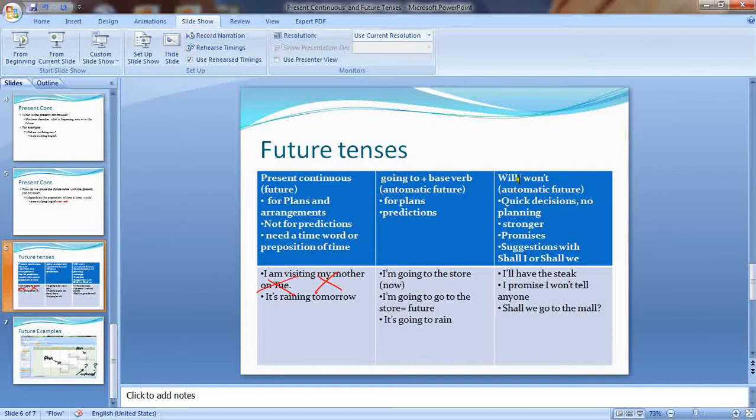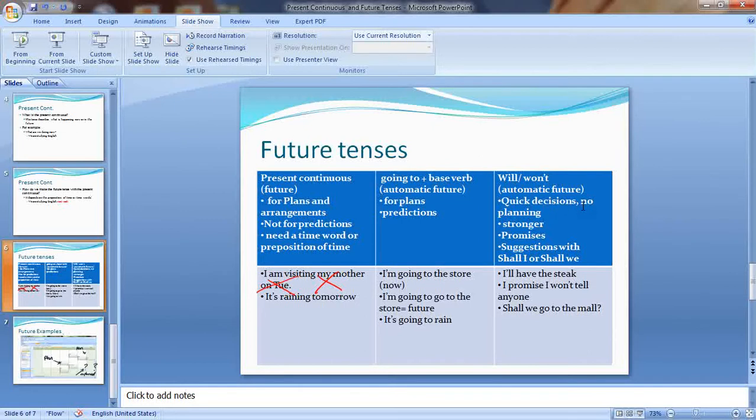Will and won't. Again, will is an automatic future, but we tend to use it for promises, which makes it stronger. Another thing is that it's for quick decisions. No planning.